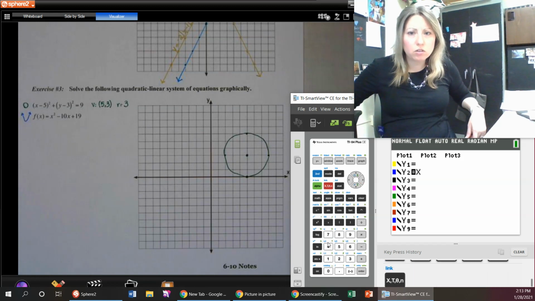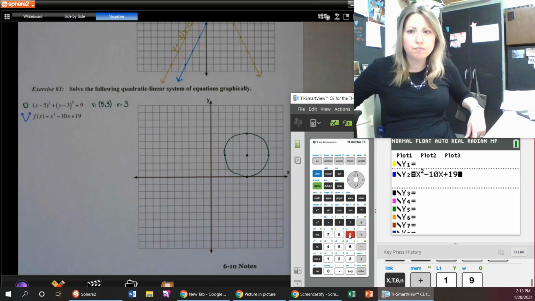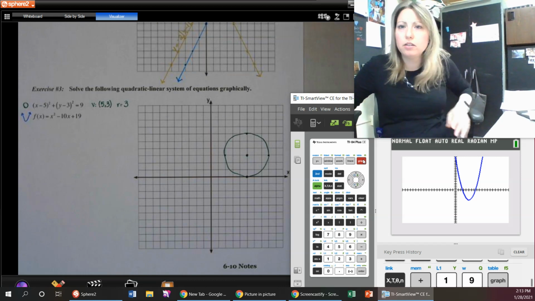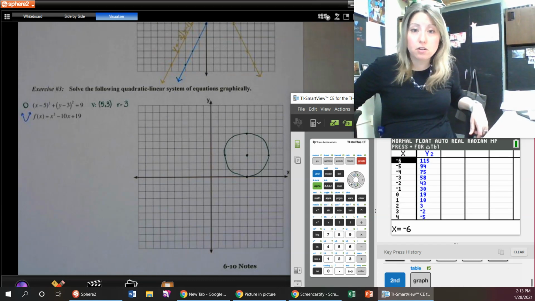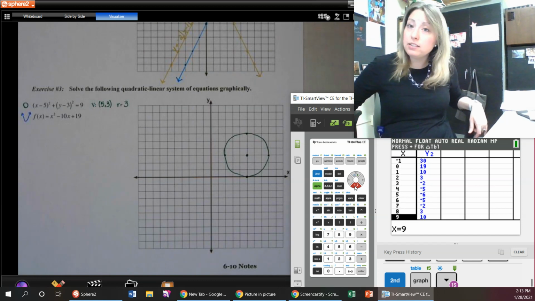So x squared minus 10x plus 19. Let me press graph to see it. Beautiful smiley face parabola. Such a pretty parabola. Second graph is where I'm going to get my points from. 0, 19 isn't going to fit, but 1, 10 all the way to 9, 10.